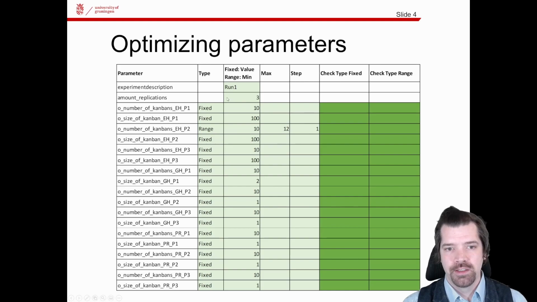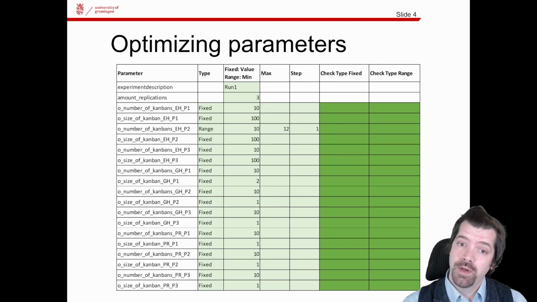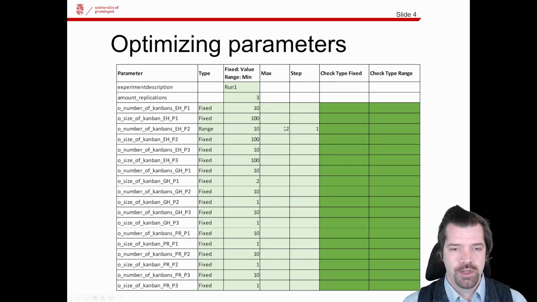And we conduct here replications, which are 3 replications per iteration. So the total simulation runs conducted by these parameter variations are 3 for the iterations multiplied by 3 for the amount of replications.